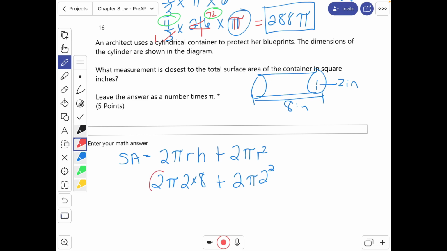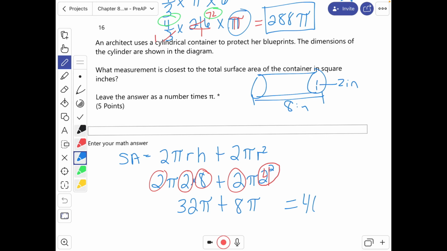Well, 2 times 2 is 4, times 8 makes 32 times pi, plus 2 times 2 squared would be 4, so 2 times 4 makes 8 pi, and if I add 32 pi's plus 8 pi's means I have 40 pi's.